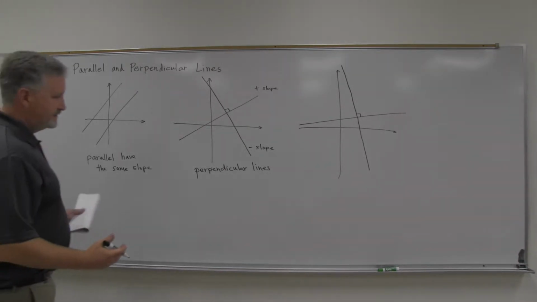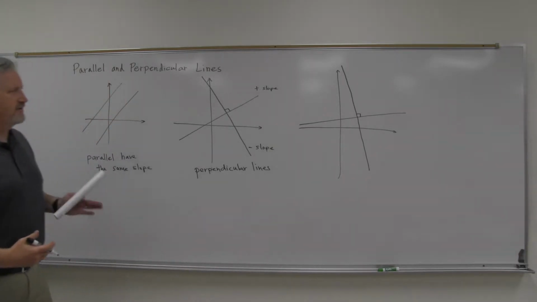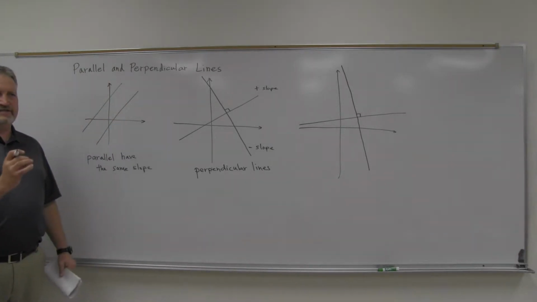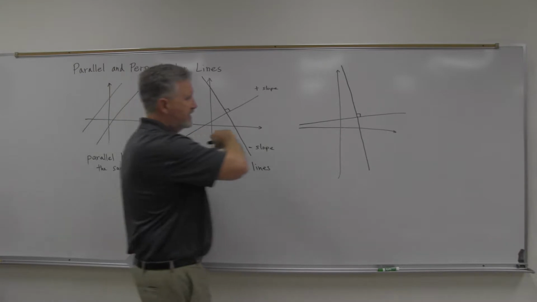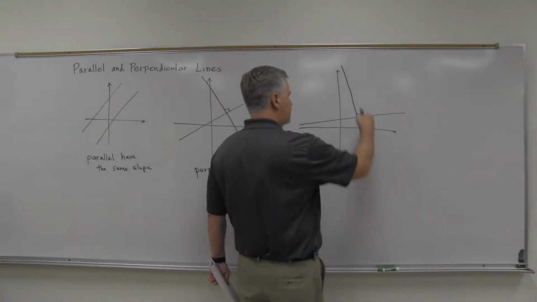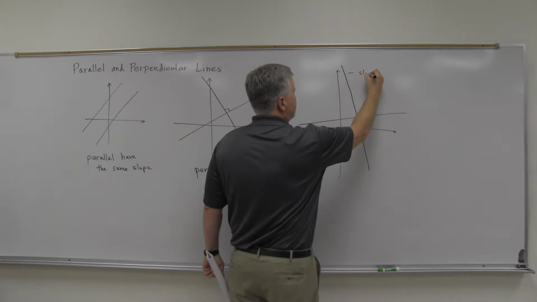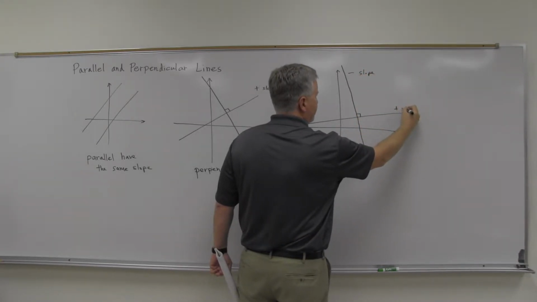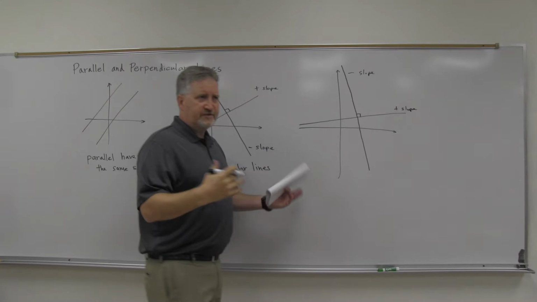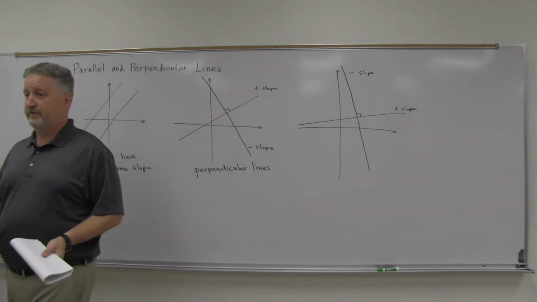I'm not going to prove it or anything, but we can clearly see that it's a negative slope here and a positive slope here, so that's verified. That's one way perpendicular lines are related.